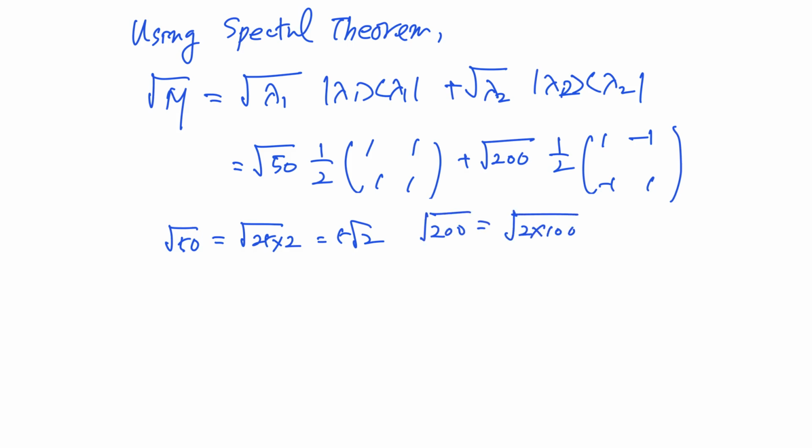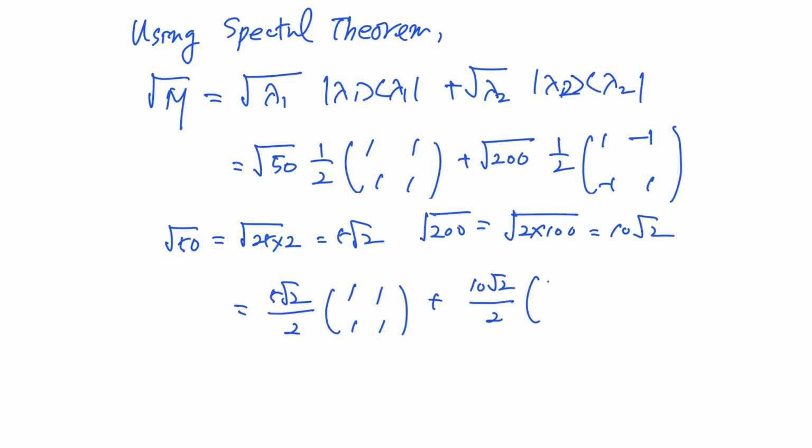It's 10 square root of 2. So this is basically 2 over 5 square root of 2, 1, 1, 1, 1, plus 2 over 10 square root of 2, 1 minus 1, minus 1, 1.